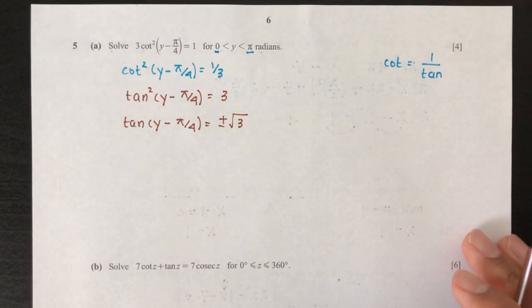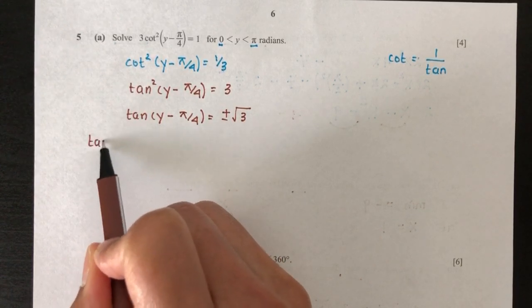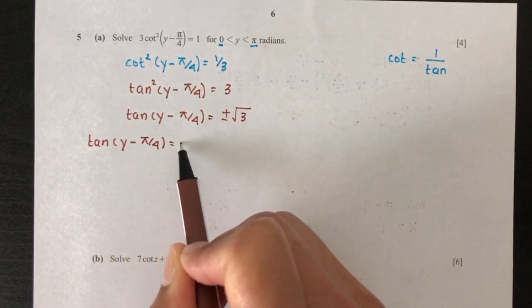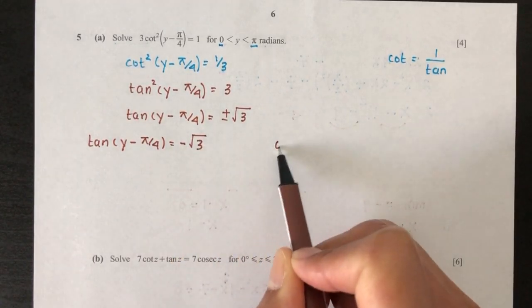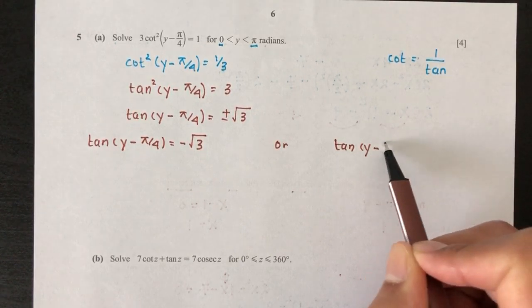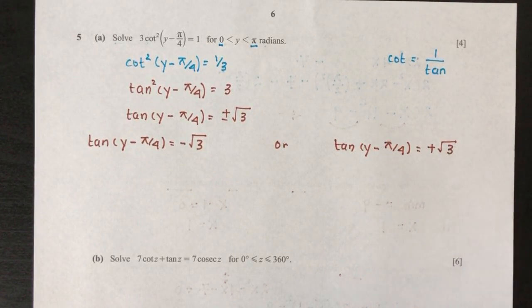So we have 2 possible values now. For the first one, let's take the negative value. Tan of y minus pi by 4 is equal to negative root 3, or tan of y minus pi by 4 is equal to positive root 3.